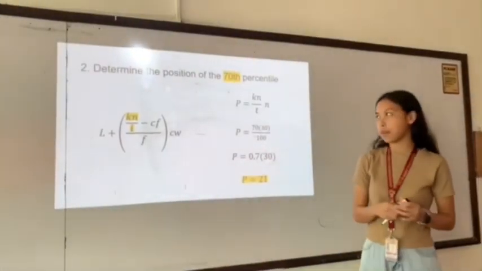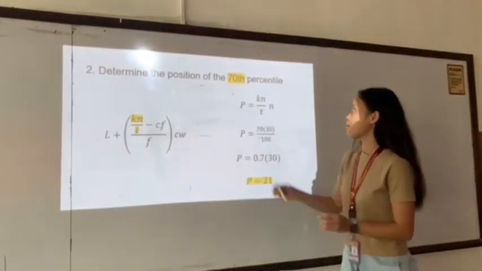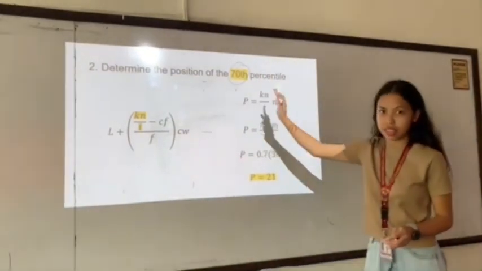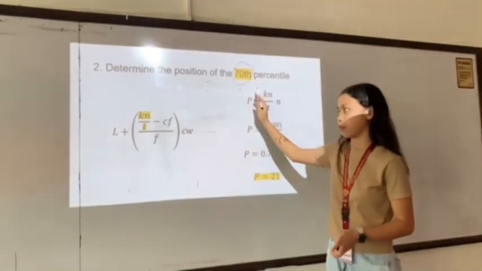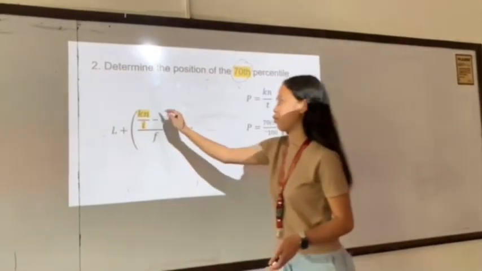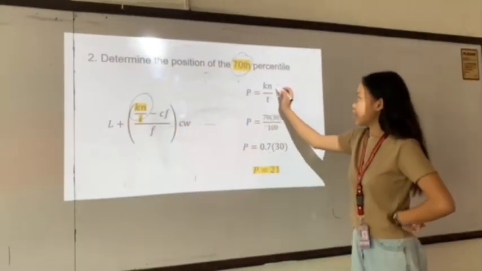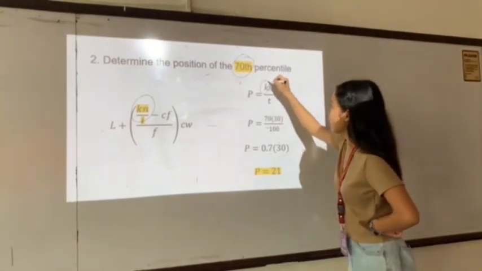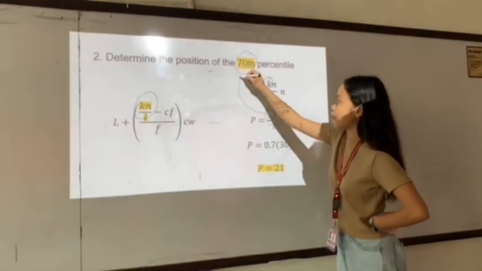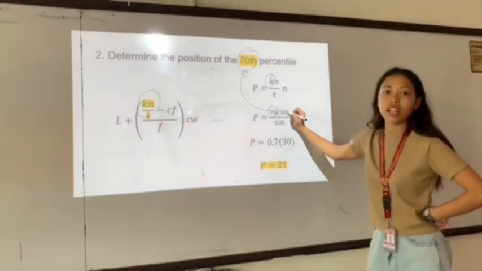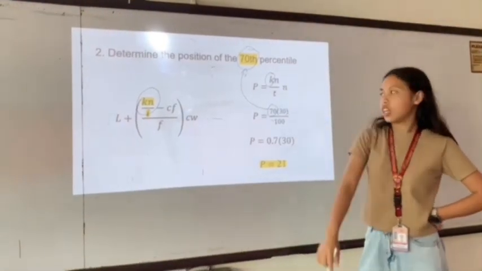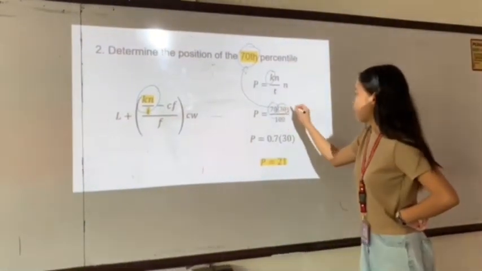Now, the second step is to determine the position of the 70th percentile. So we will use the formula. First, the KN over I. Here is the demonstration. The K is the 70, from the problem. The N is the total number of students, the sum of the frequencies, which is 30.